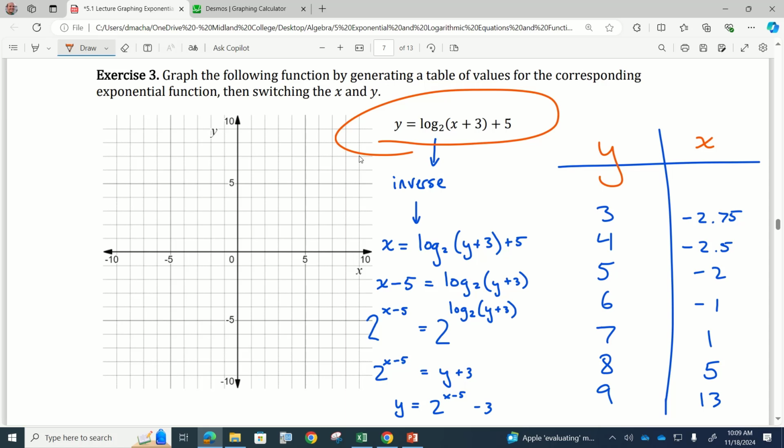So now when y is 3, x is negative 2.75. When y is 4, x is negative 2.5. Y is 5, x is negative 2. Y is 6, x is negative 1. 7 and 1. 8 and 5 and 9 and 13. So here we go.